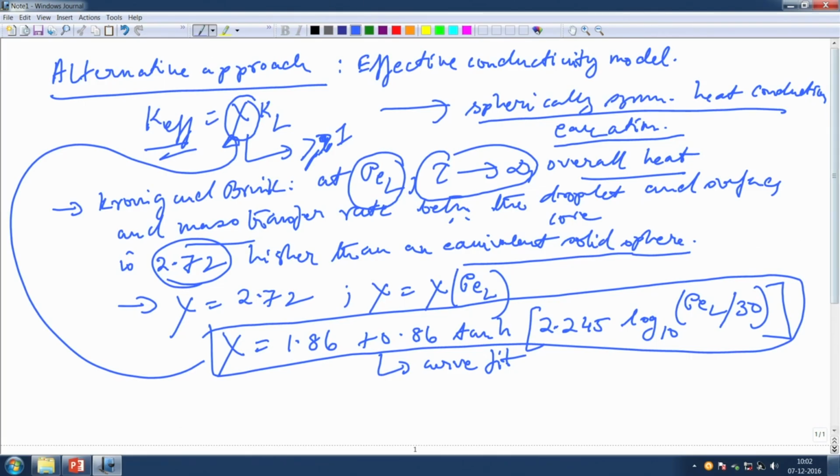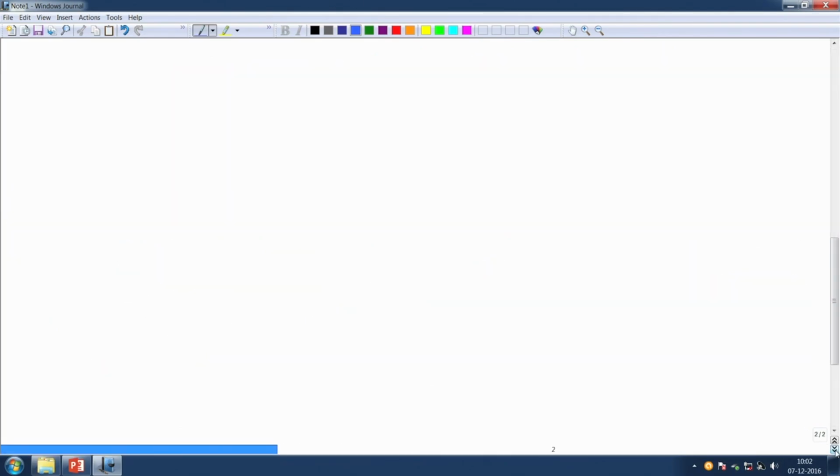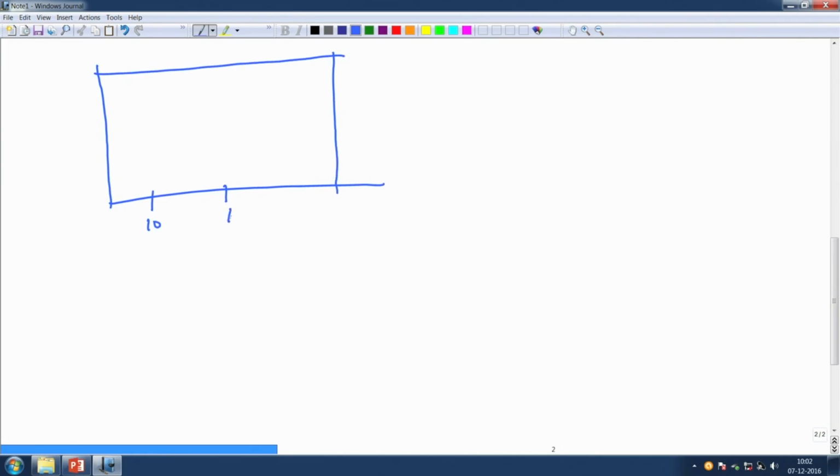If I try to draw a small plot for the same, these are the two axes. Let us put marks here: this is 10, this is 100, this is 1000 on a log scale, and this is 1 and this is 3. It shows something like this.